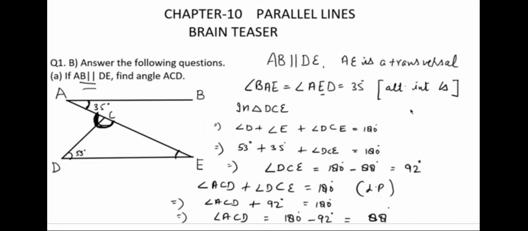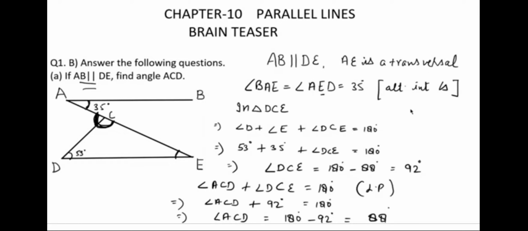This is alternate interior angles. Because it is given angle BAE is 35 degree and since AE is transversal, therefore angle AED is equal to 35 degree.